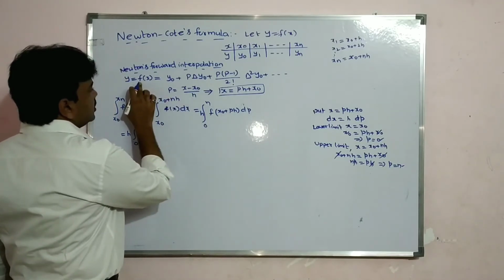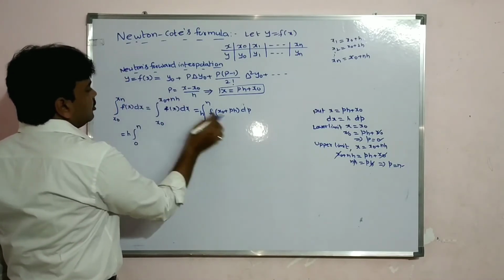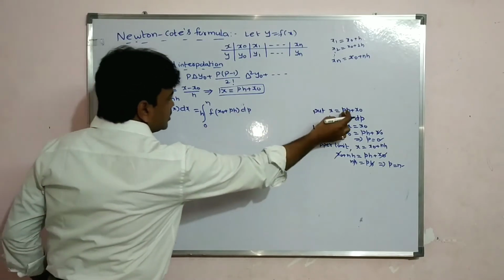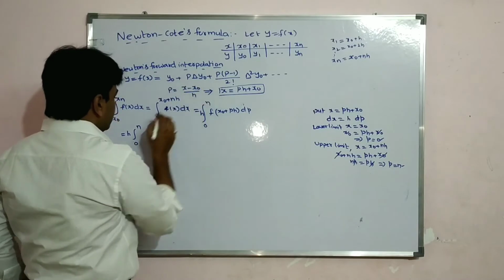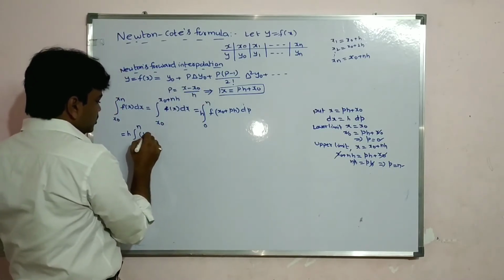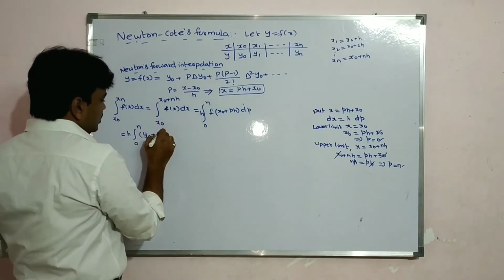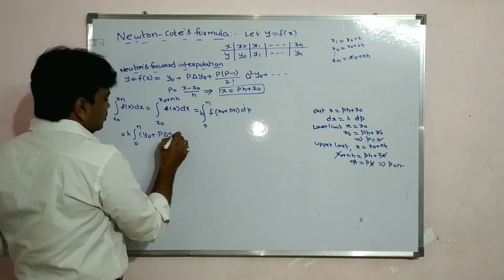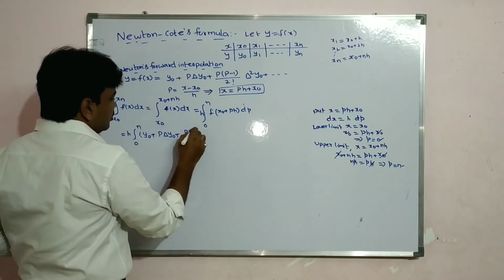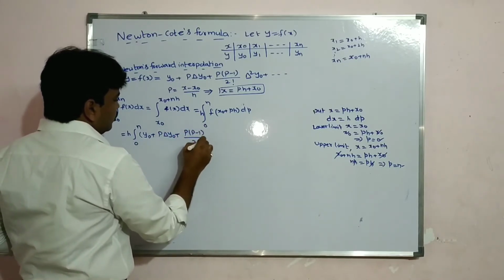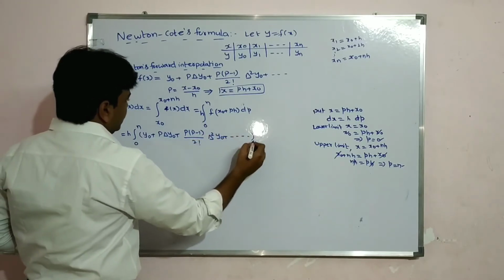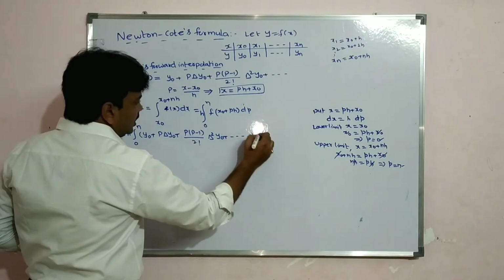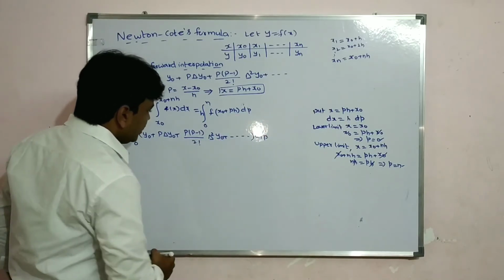See here, x naught plus ph means x. So f of x I can write as: y naught plus p del y naught plus p into p minus 1 by 2 factorial into del square y naught plus and so on, into dp.